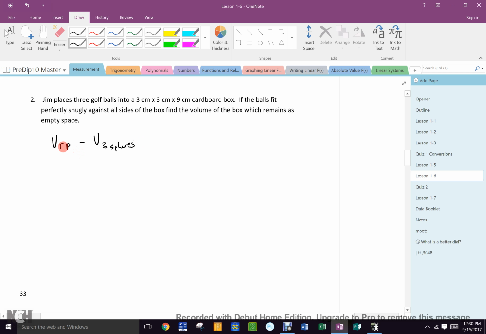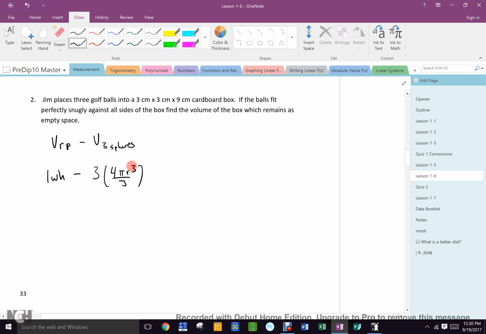What's the volume of a rectangular prism? LWH, right? Or area of the base times the height. Minus 3 spheres. 3 what? 4 pi r cubed over 3. Yeah. Now, to punch this mess into your calculator, which is what 75% of Math 10 students will do because they won't take this step to show work.